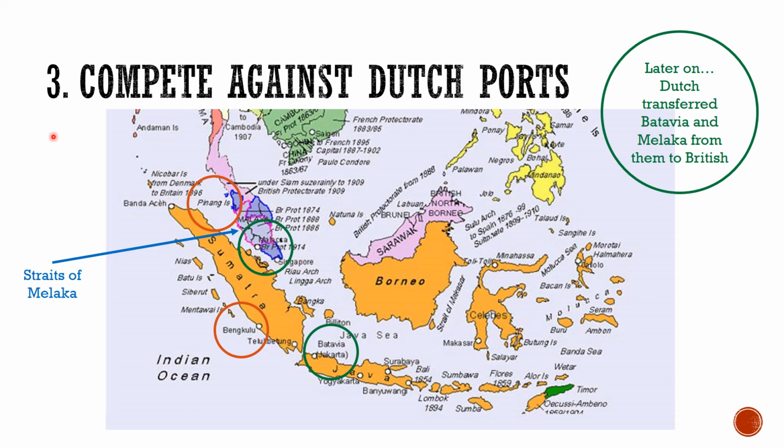And also here, if they want to go down here, trade a bit, and then go up here, another strait to pass through, the green ones are so much better. So please look at the maps and then you will understand why they wanted to compete against the Dutch ports and why the transferring of Batavia and Malacca was better than Penang and Bencoolen.